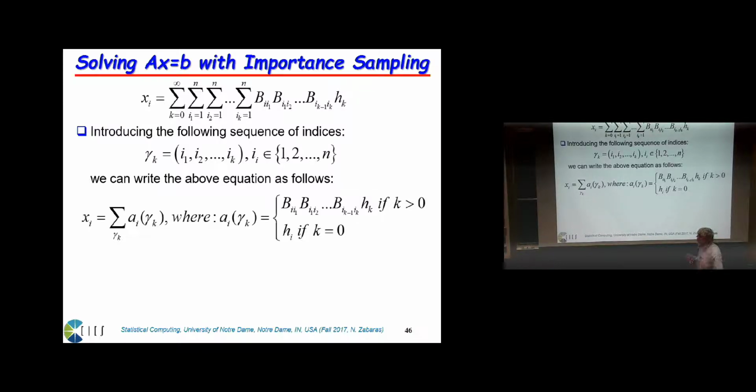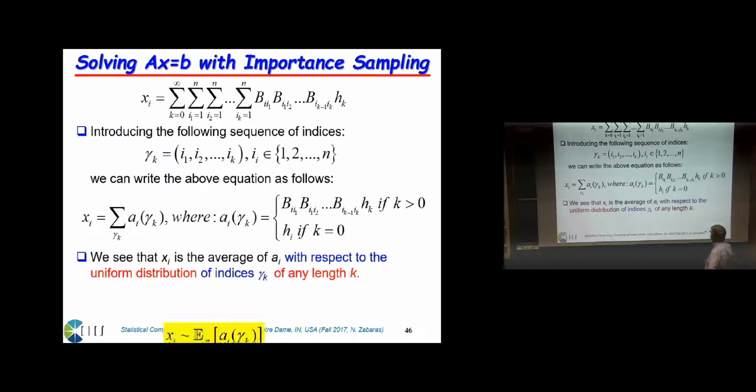And that distribution 1 is the uniform distribution over what space? Of all possible indices. You see that? So here is your problem. xi is nothing else but the expectation of alpha I under the uniform distribution of these indices gamma k.